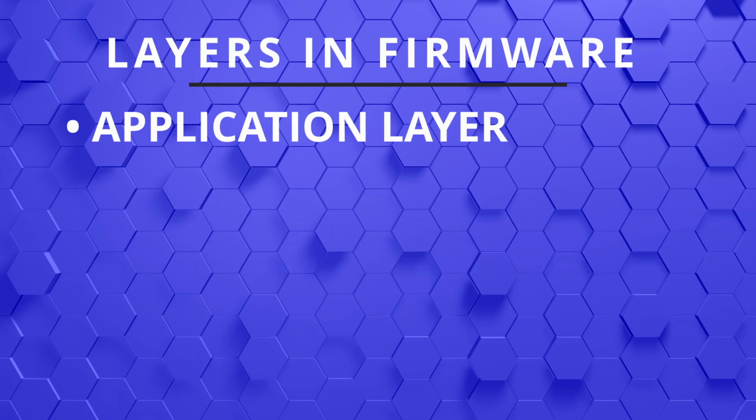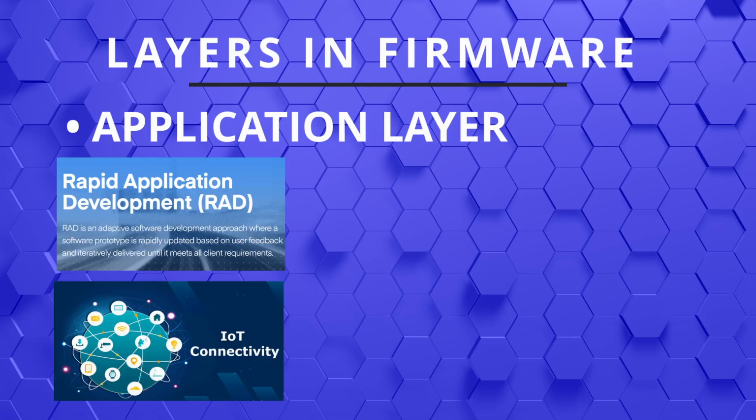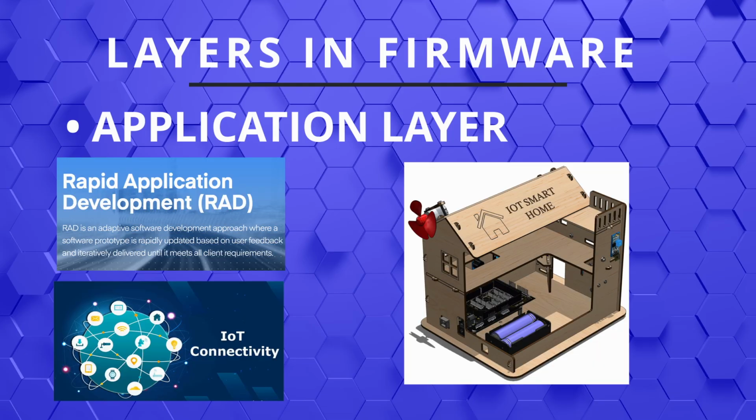The underlying SDK takes care of the heavy lifting, configuring GPIOs, setting up the stack, managing drivers, and more. This layer is ideal when your focus is rapid development, IoT connectivity, or prototyping smart applications. But it's still firmware, just abstracted for ease of development.